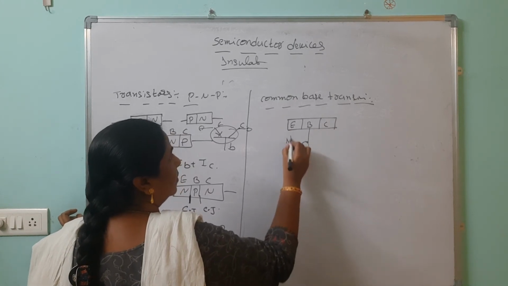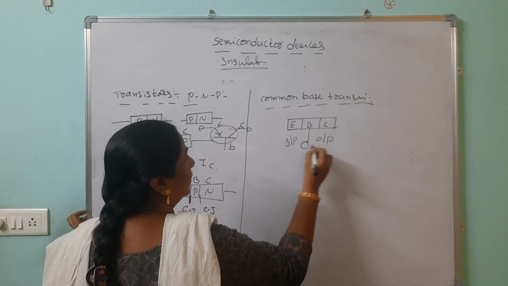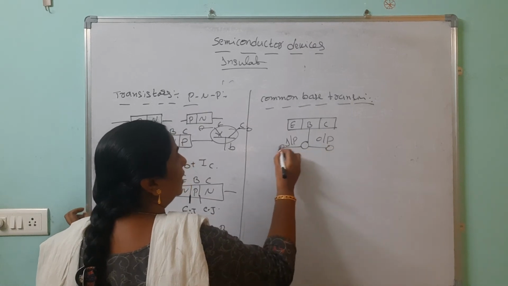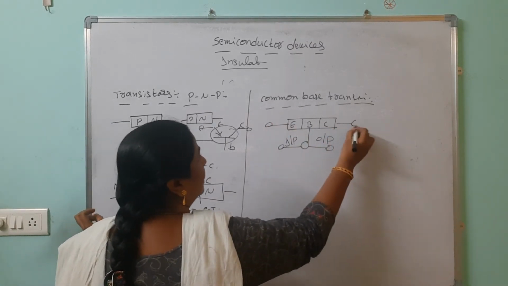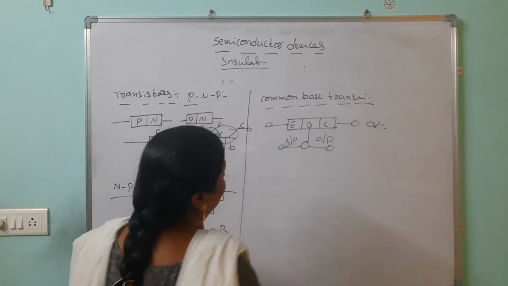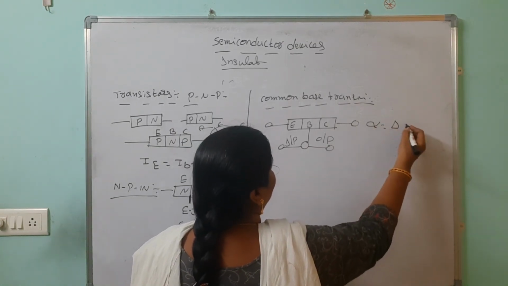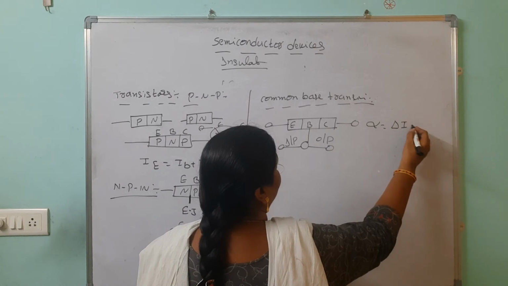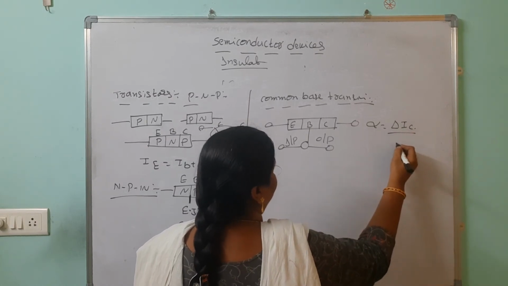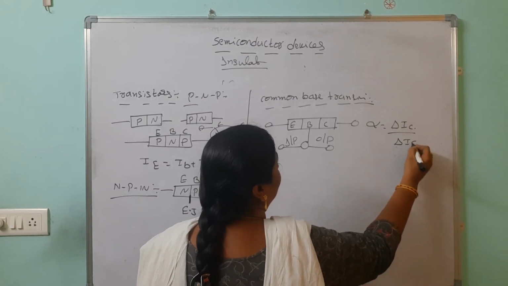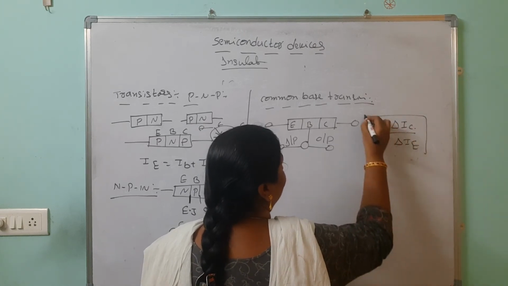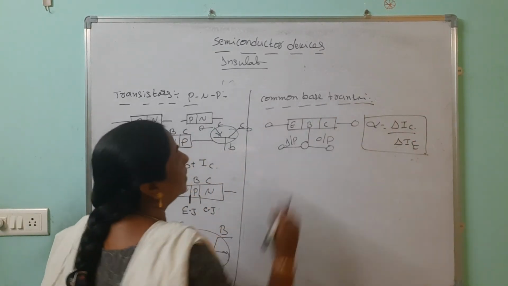This is common for both input and output. Here the current multiplication factor is represented by alpha equals delta IC by delta IE. This is alpha. This is the common base transistor.